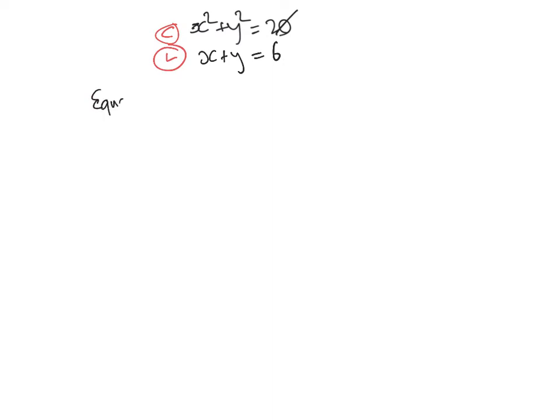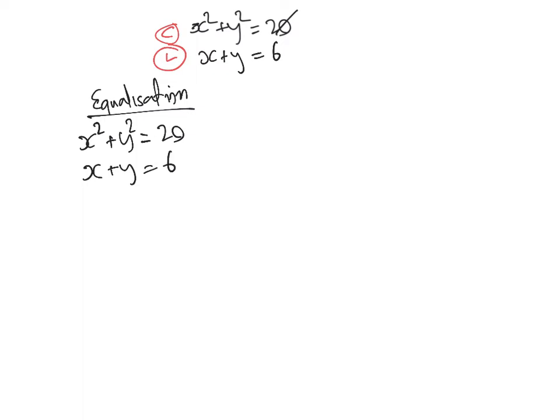Okay, so let's equalize. To equalize, remember, we need one side to be exactly the same with one variable, and we need the other side to just have the other variable on it if we're doing a system of two variables. So we'll start off like this, x plus y equals 6. So top, the variables are squared, bottom, they're not.